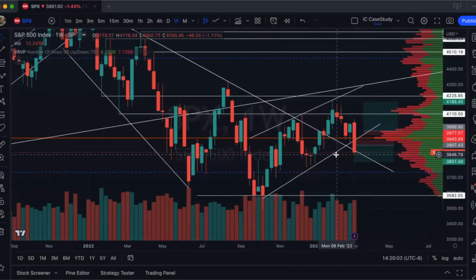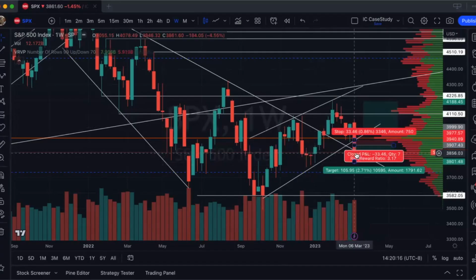This upcoming week will be very important for us to take a look at. But again, as of right now, what we've done here is price has rejected these higher levels and now is entertaining lower levels too.